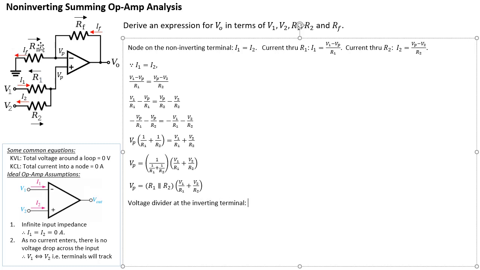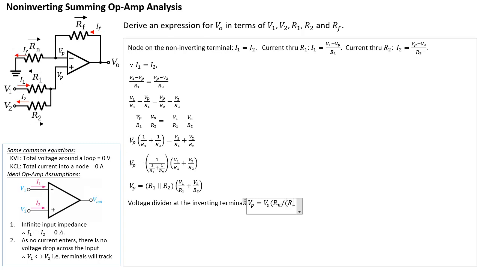All right, so I can write an expression for that. So that means VP is going to be equal to VO, which is the overall voltage across both resistors, right? Multiplied by Rn divided by Rn plus Rf, right?